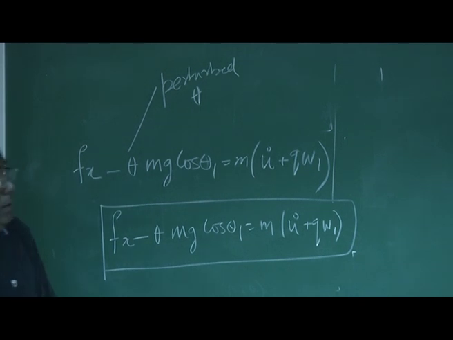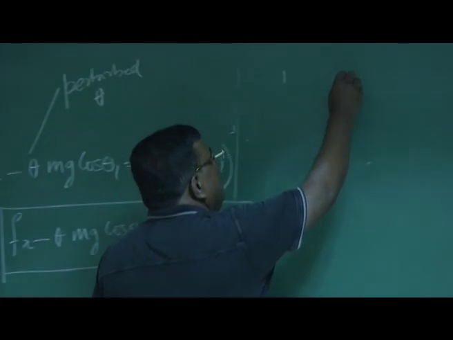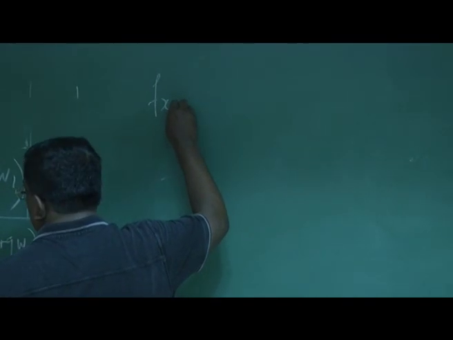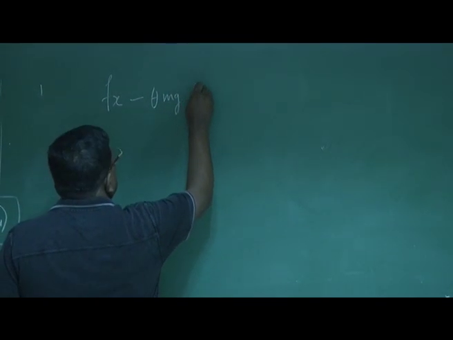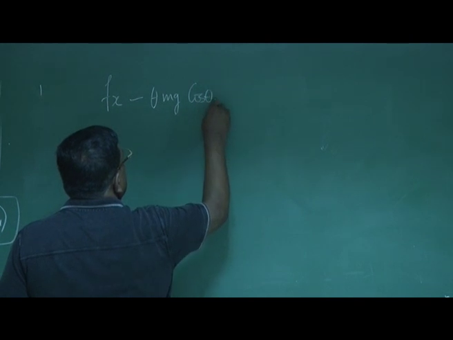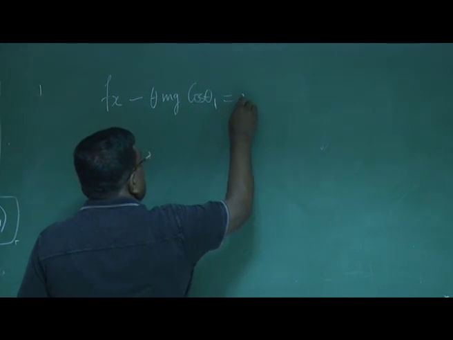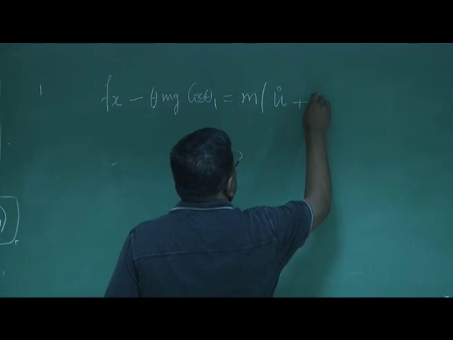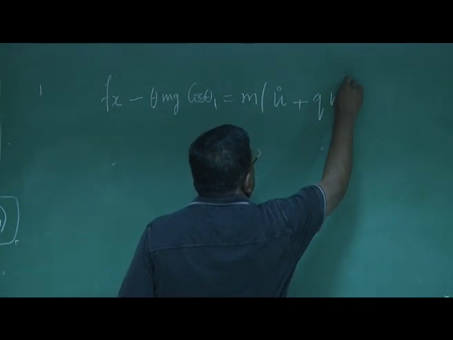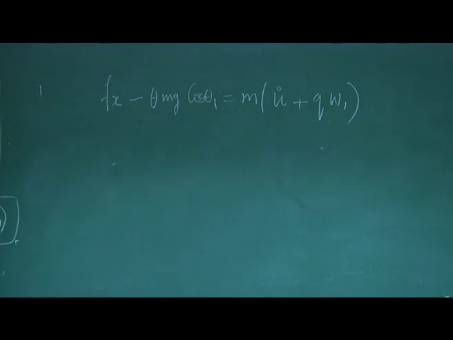That is more important. Now, since I have got the equation like Fx minus theta mg cos theta 1 equal to m (u dot plus q w1). This is the perturbed equation of motion, longitudinal, one of those equations.